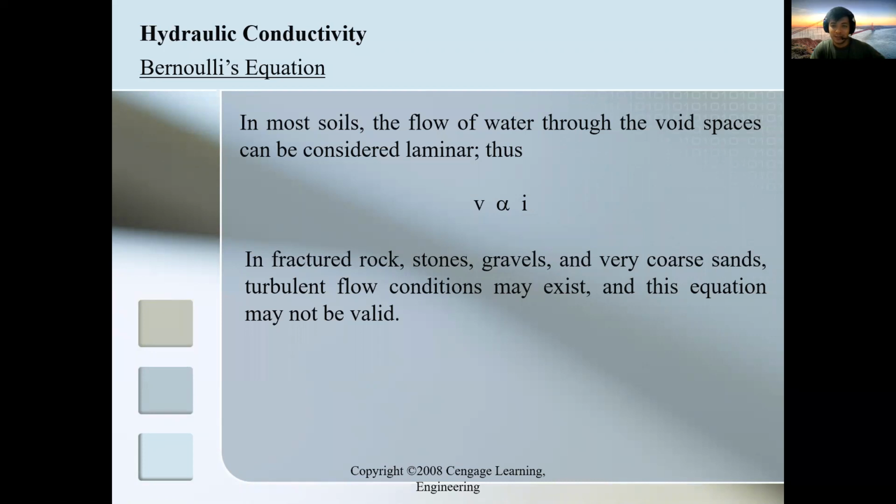Then for clay soil, it could be a different type of flow also. It could be laminar but closer to zero, since clay soil has small void spaces. Now of course, if you have stones, gravels, and very coarse sands, we can say that the flow of water will be turbulent, but the equation may not be valid since it's difficult for you to verify your equation.